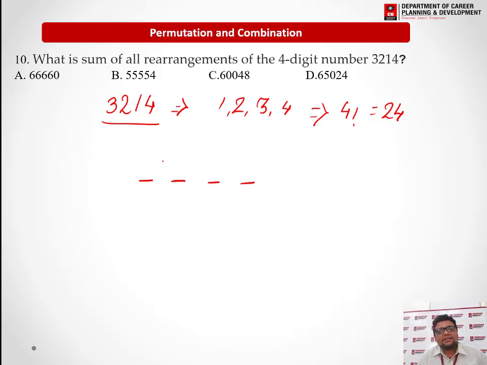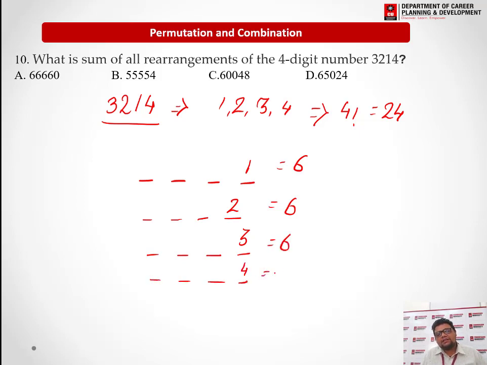Now let us see from the unit place digit. If 1 is coming on the unit place, then how many arrangements are there in total? There are 3 factorial, that is 6 arrangements. If 2 is coming on the unit place, again 6. If 3 is coming, again 6. If 4 is coming, again 6.